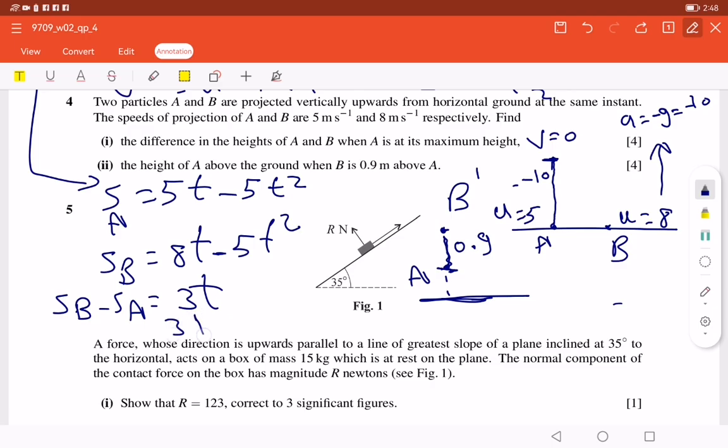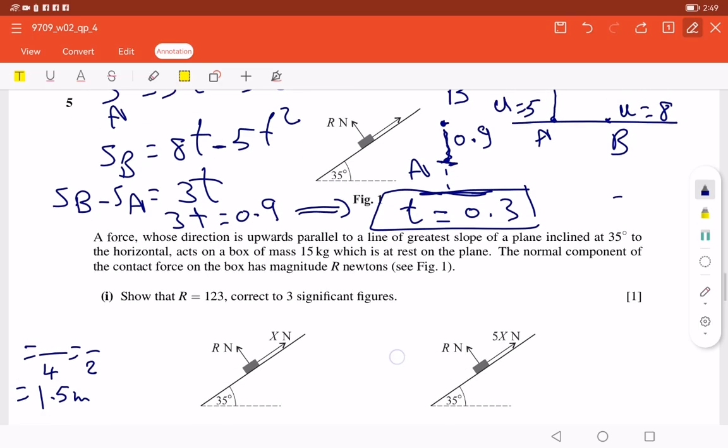So 3t equals 0.9, which implies t equals, dividing both sides by 3, t equals 0.3. Now we can move to question number 5.